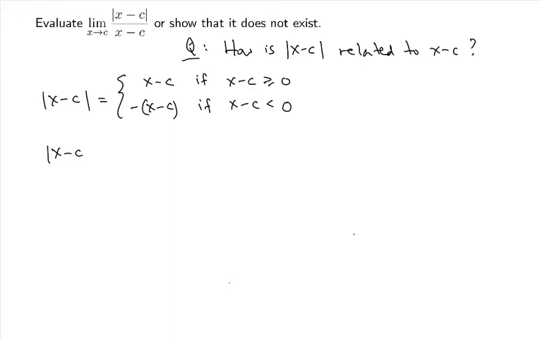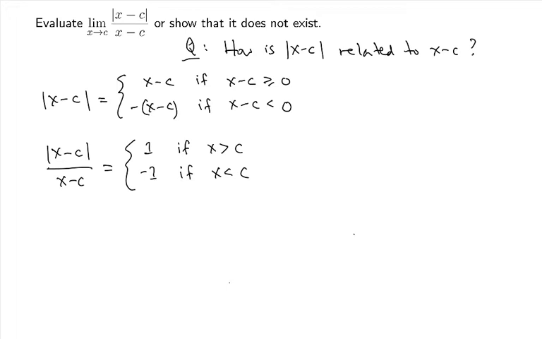The absolute value of x minus c divided by x minus c takes on two different values, +1 and -1. When do those occur? The +1 occurs for values of x minus c strictly greater than 0, because I can't divide by x minus c if it is equal to 0. So this is if x is strictly greater than c, and the bottom one occurs if x is strictly less than c.